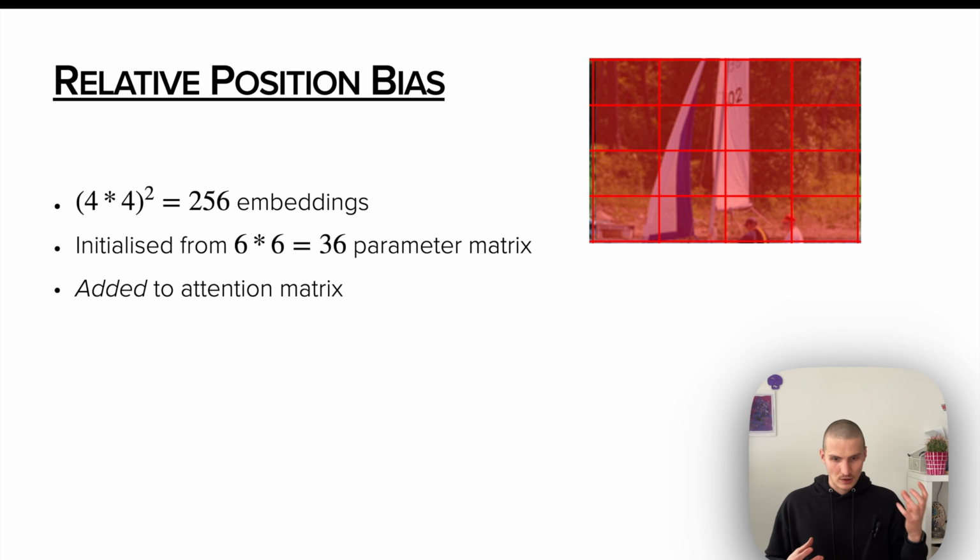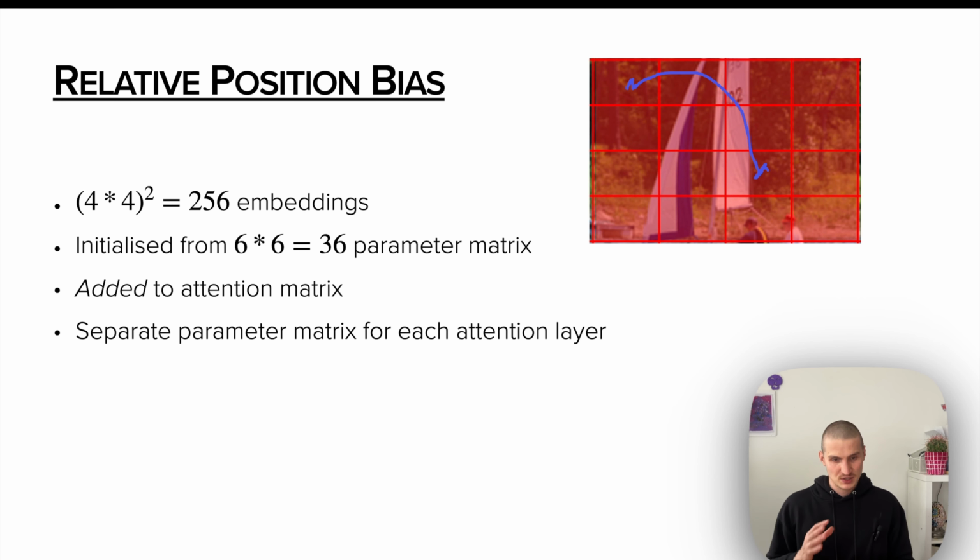And attention matrix already tells us the interaction between two positions, basically. And then we add this parameter to the attention. So if we had this token here, we compute a dot product between them to arrive at attention weight. And then we add this position bias to the attention weight. So this changes how we do the computation.